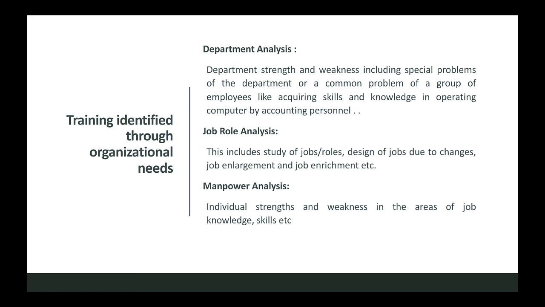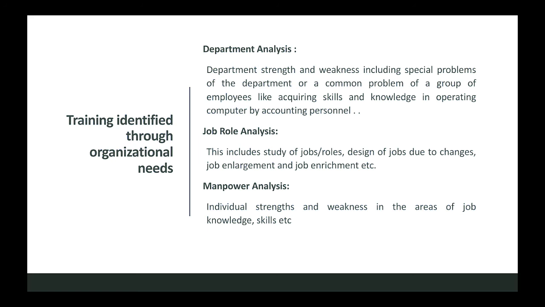Job role analysis can be done through the overall analysis and manpower planning of the organization, sometimes through performance related exercises as well. Departmental analysis is very specific to the project. It comes mostly from a third party like the client, or sometimes from the management, or sometimes from the project manager, but it's definitely not individual specific.